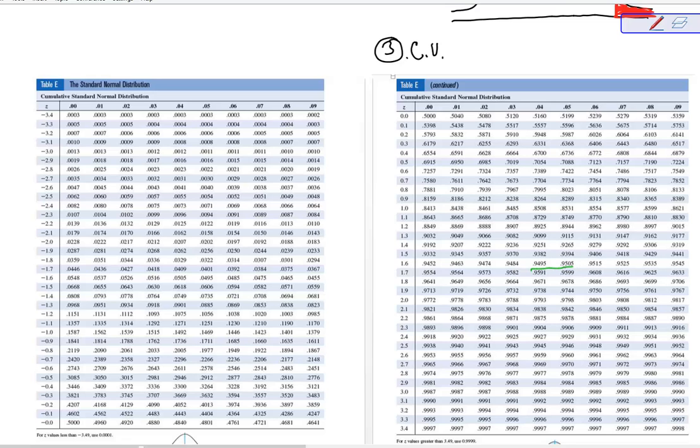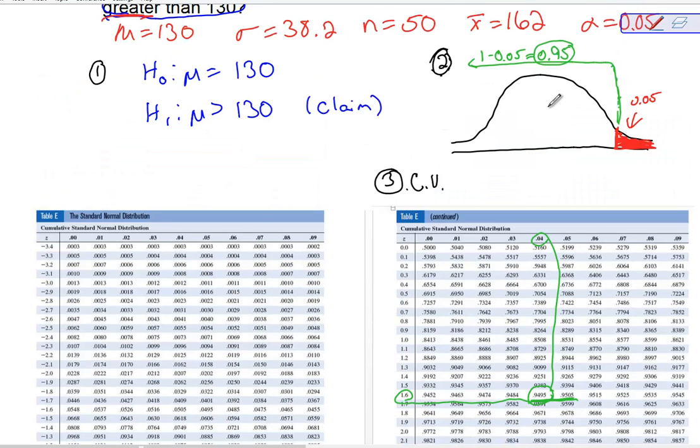Recall that when we're looking at these, if they're exactly the same distance from the number that we're looking for, we take the one on the left. So we're going to take this one, and if I follow that out, that's going to be 1.64. So my critical value here is equal to 1.64.